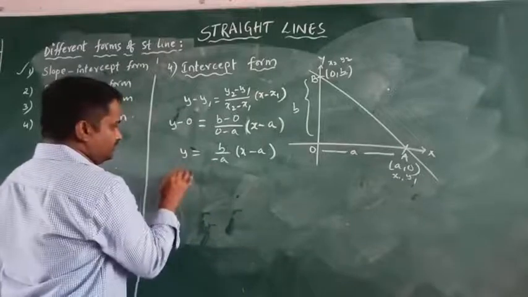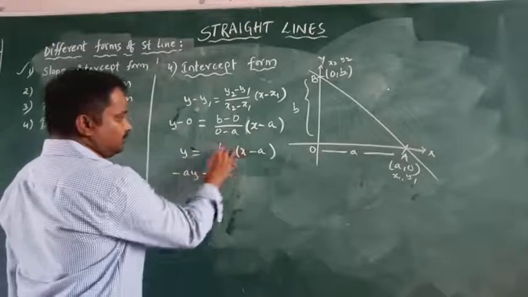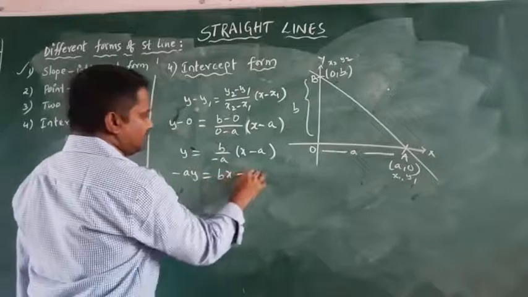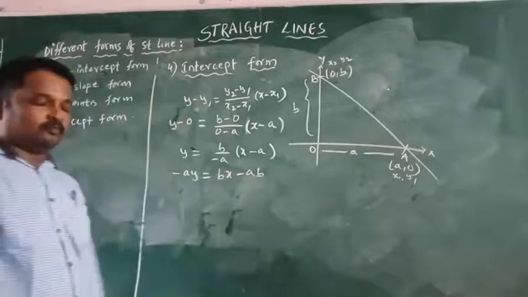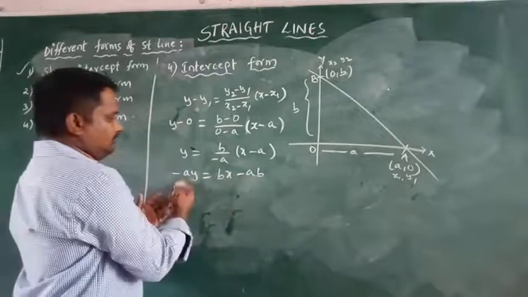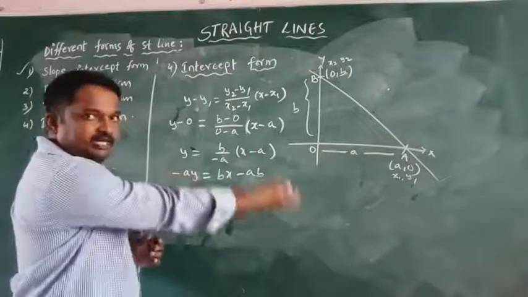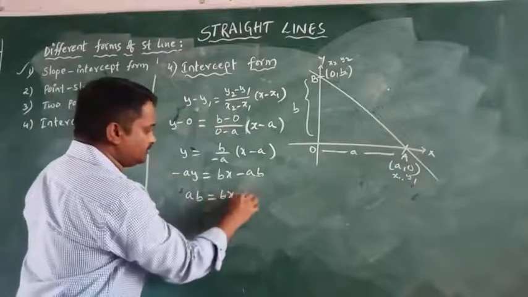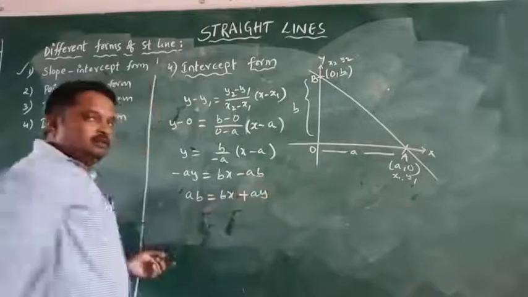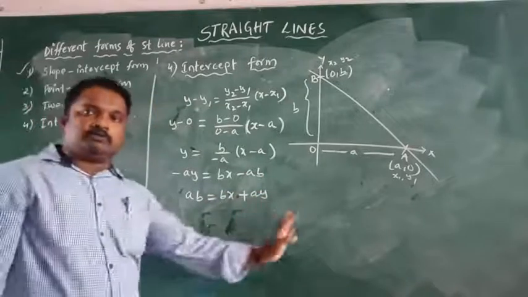Cross multiply: minus ay equals bx minus ab. So you take ab to the left side, it becomes positive ab, and transpose ay to the right side. Now I am dividing all the terms by ab.